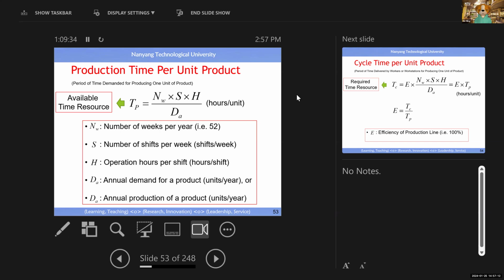So as a CEO, you must use this tool. PA may equal this or this, depending on your focus. Either you focus on marketing and sales, or you focus on the production. So based on this data, you can determine, to produce 1 unit of a product, how much time you allow.